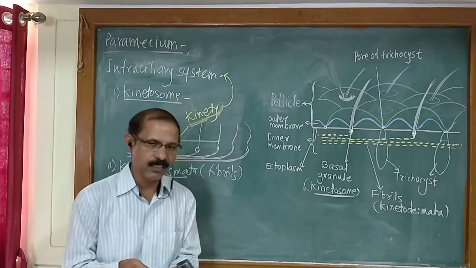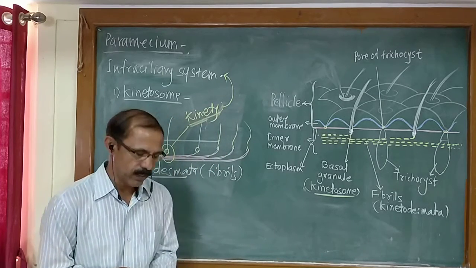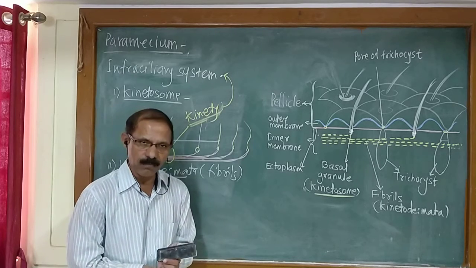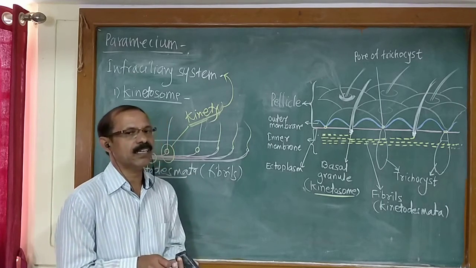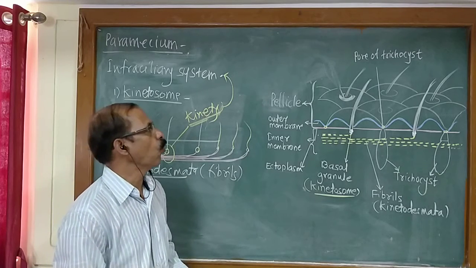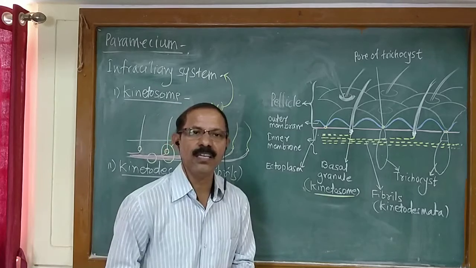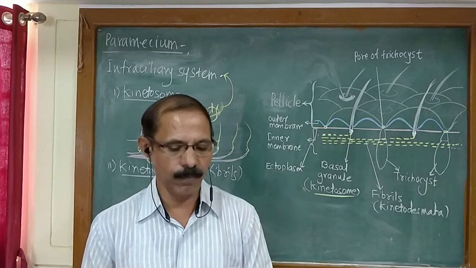So the infraciliary system has two functions: first, control and coordination of the movement of cilium, and second, it also controls locomotion. So this is about the infraciliary system of paramecium.